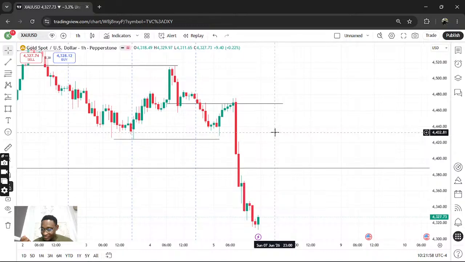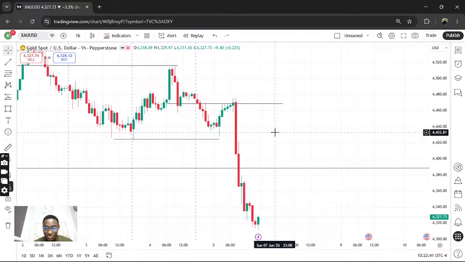You don't do any analysis on 15 minutes. On 15 minutes and 5 minutes, what you do there is just to know the exact time to enter the trade and the exact place to place the stop loss, in order not to take a lot of losses or in order not to be stopped very quickly. That is how you trade as a day trader.